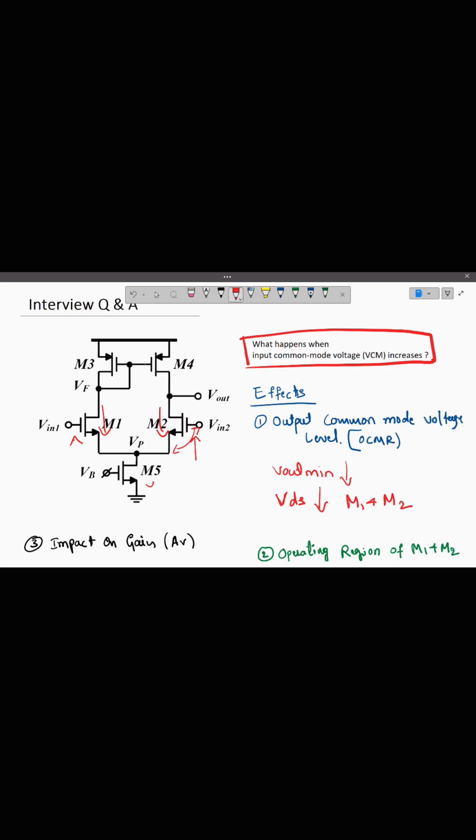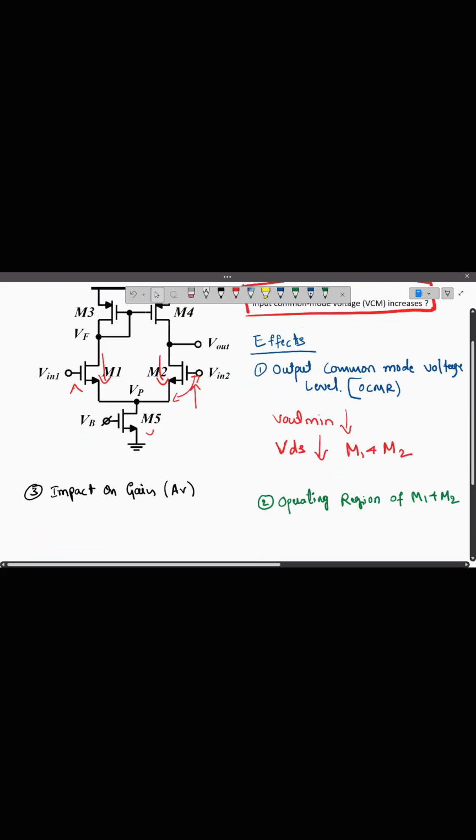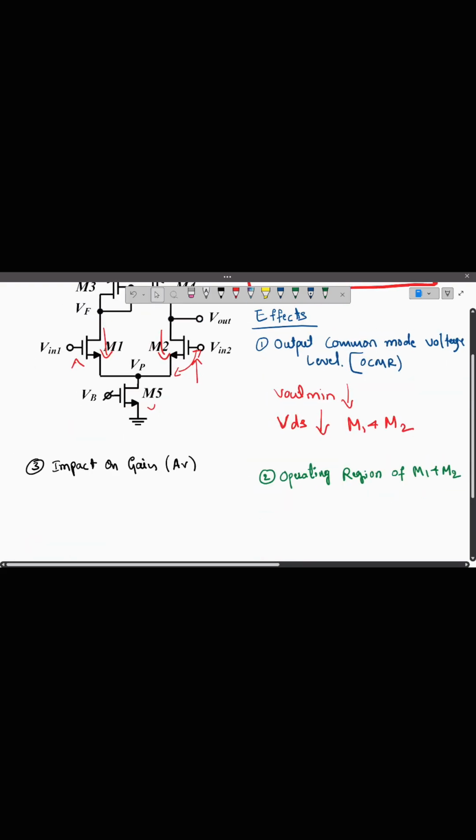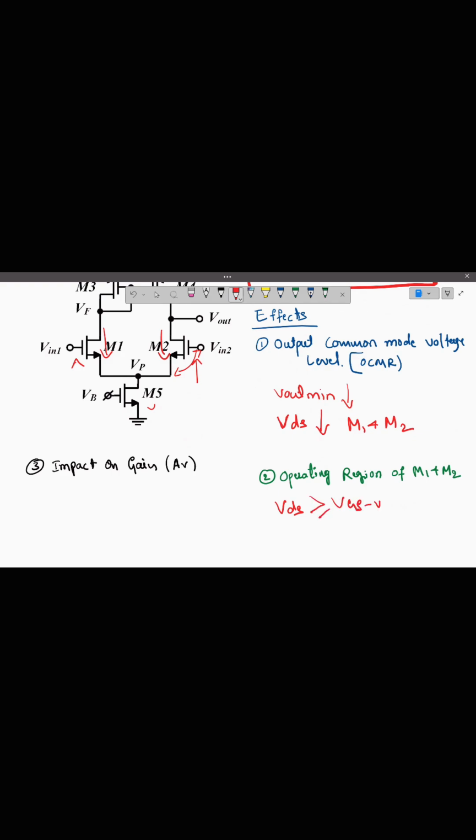If the VDS of M1 and M2 starts getting decreased, that will start creating a problem for the operating regions. As we already know, the VDS requirement for saturation is that VDS should be greater than or equal to VGS minus VTH. Now, since the VDS is getting decreased, it starts entering the linear region.